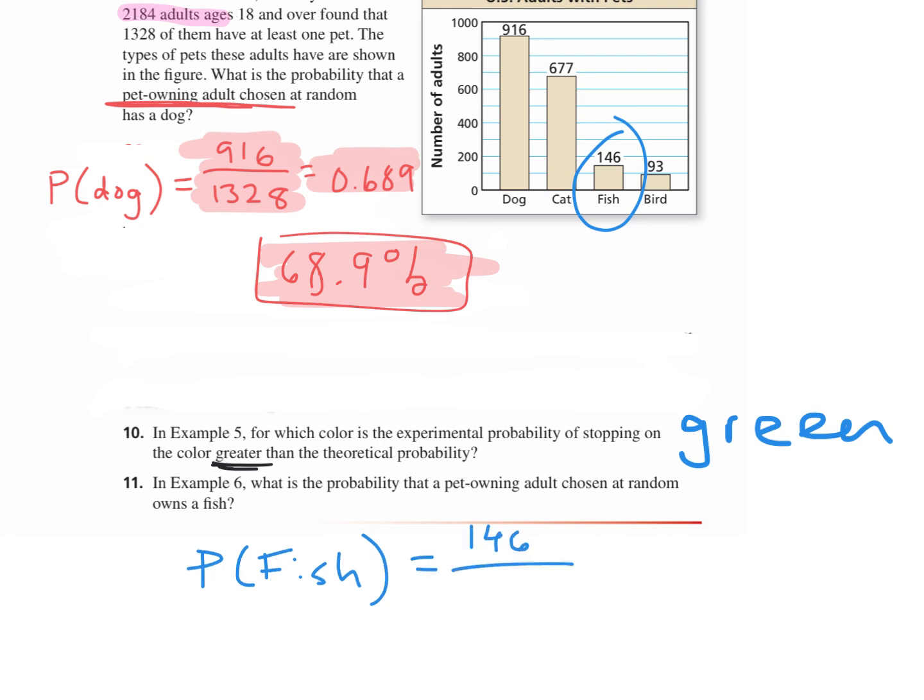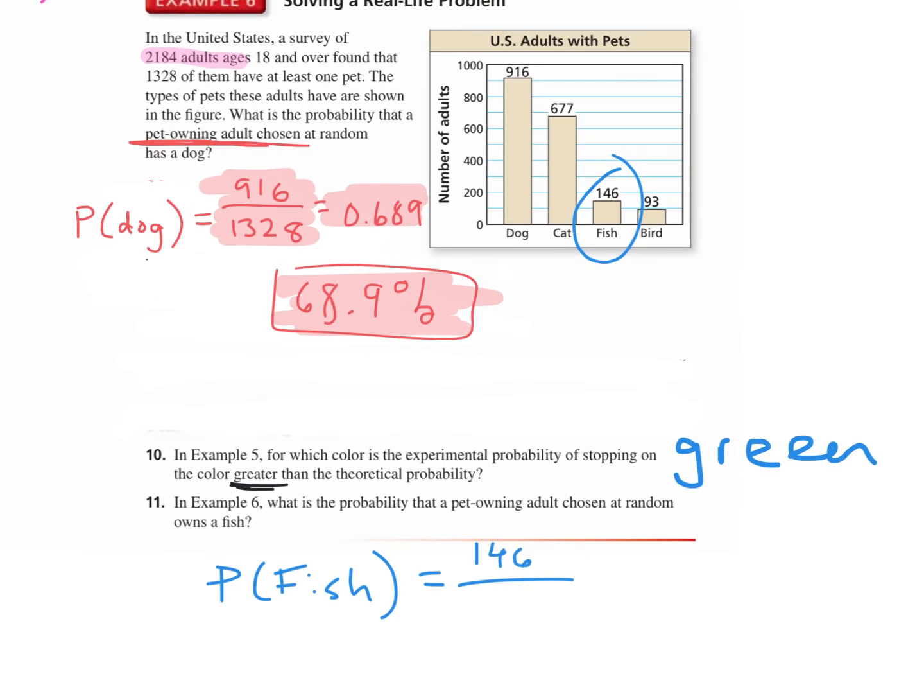And then what's our total number of pet-owning adults? 1,328. We can simplify this fraction because they're both even numbers, so 2 is going to go in it. 146 divided by 2 gives us 73, and 1328 divided by 2 gives us 664.